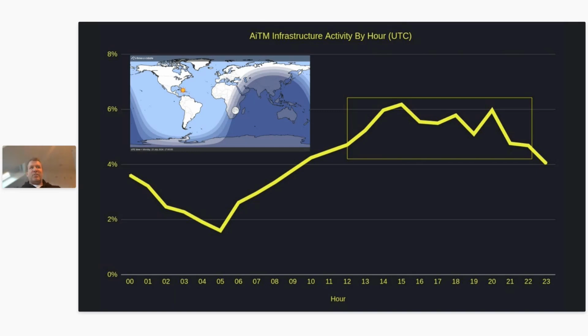So that's not the stuff that we're detecting. So arguably, if you're deploying infrastructure, do you need to be working the same hours as your victims or your targets? Possibly not. But then if I think to how I would operate, when I kick off a campaign, I would probably want to be there when it started, just to keep an eye on things, make sure it's worked right, and watch as the sessions come in.